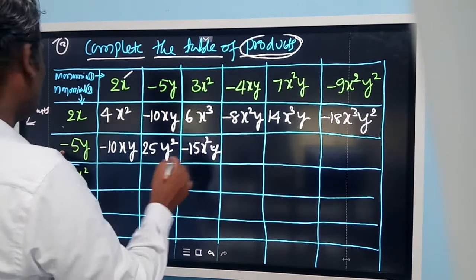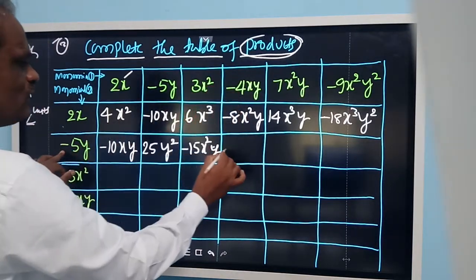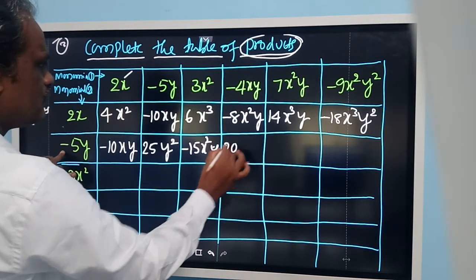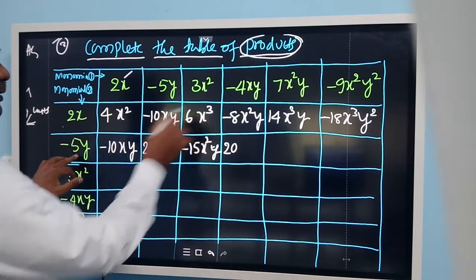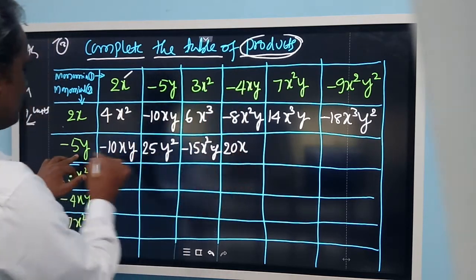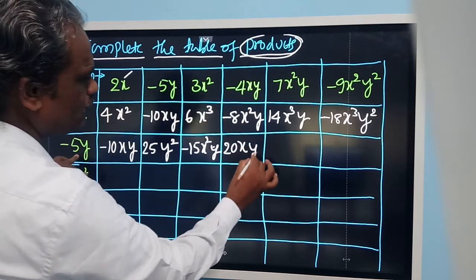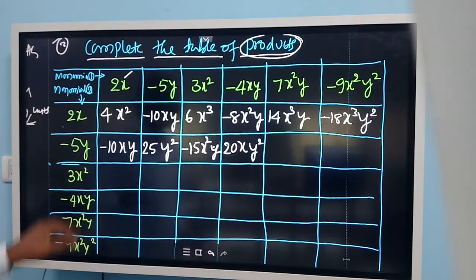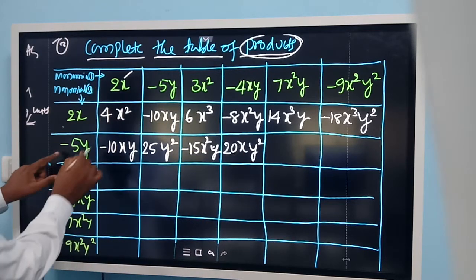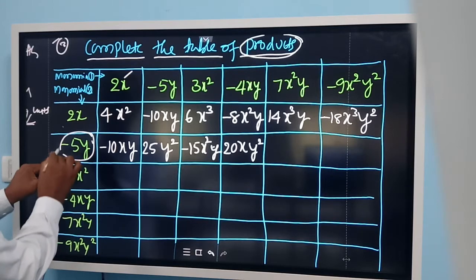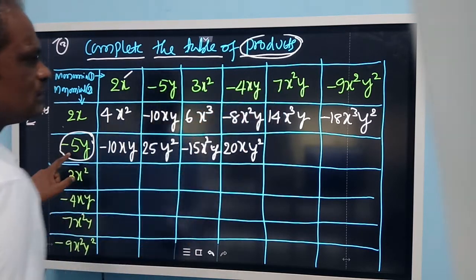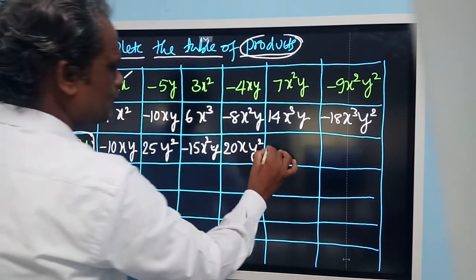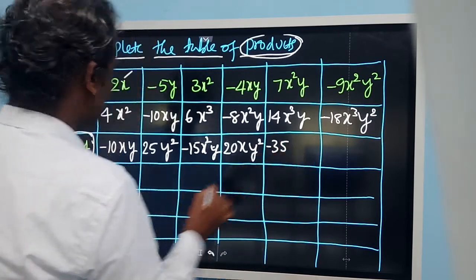Minus 4 into minus 5. Minus 5 into minus 4, 20. Then x as it is. y into y square. 20xy square. Then this minus 5y into 7. Minus 5 into 7, 35, minus 35.